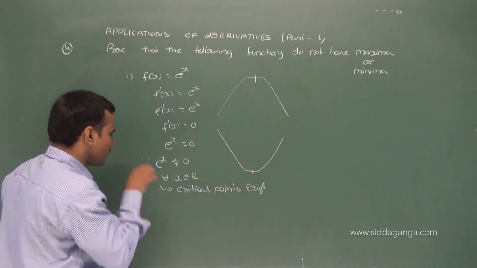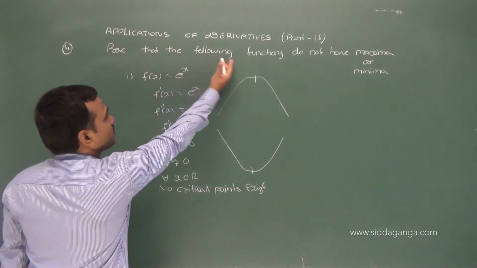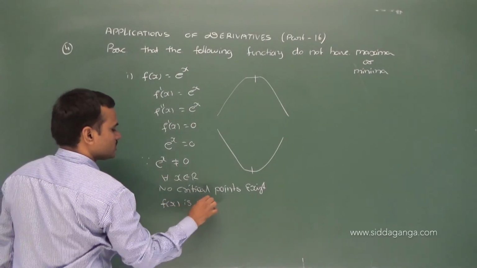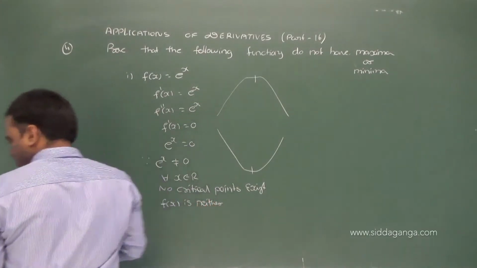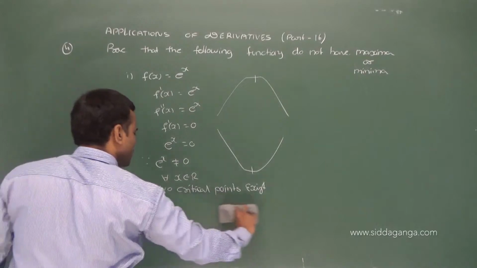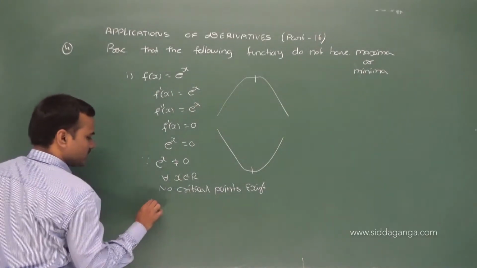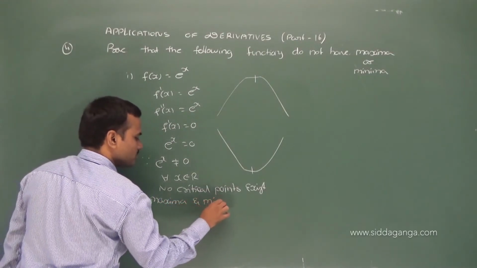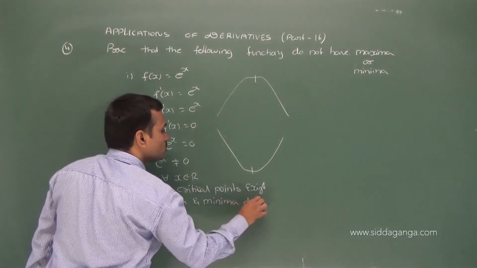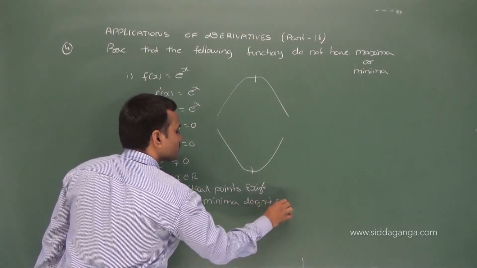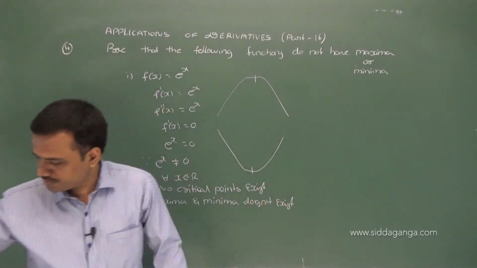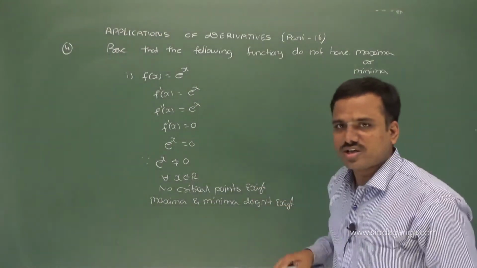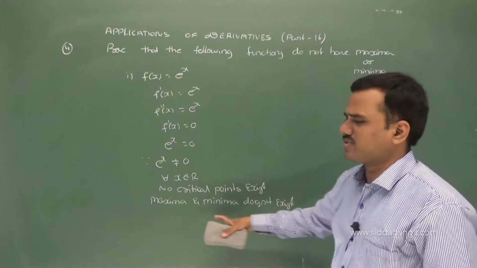No critical points exist means, so prove that the following function f of x has neither maxima nor minima. Or else one simply writes maxima and minima do not exist. Maxima and minima do not exist.